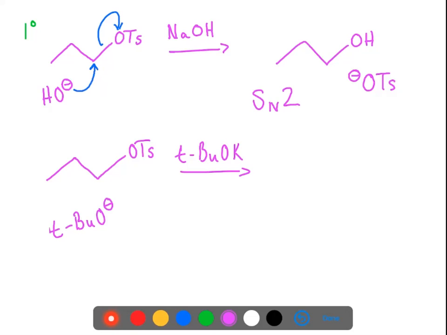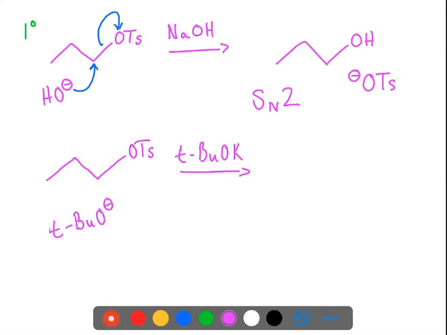And so what's different about tertiary butoxide versus the hydroxide is the bulky nature of it. This is a sterically hindered base. So although it is a strong base, it's not a great nucleophile due to the bulky aspects of it.